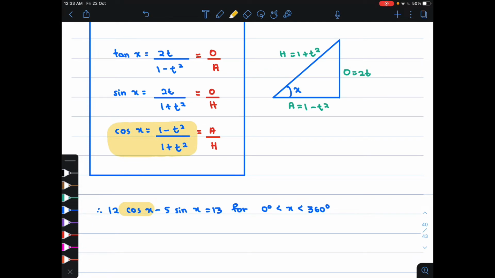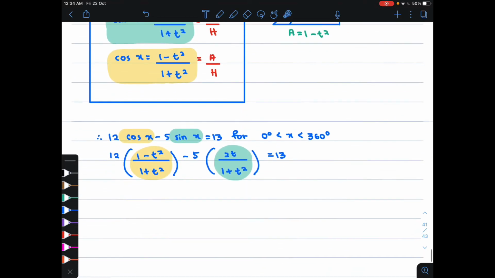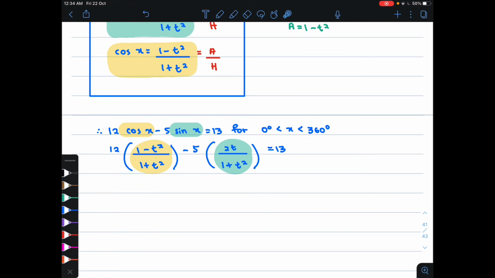Substitute cos x to become 1 minus t square over 1 plus t square, and sin x to become 2t over 1 plus t square. And now we just need to solve this equation. Eliminate the denominator by multiplying everything with 1 plus t squared.